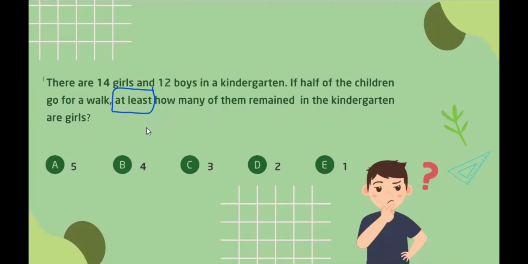As you see here, at least means the smallest number of girls remained in the kindergarten. So, firstly, let's get the total number of children. 14 girls plus 12 boys equals 26 children.